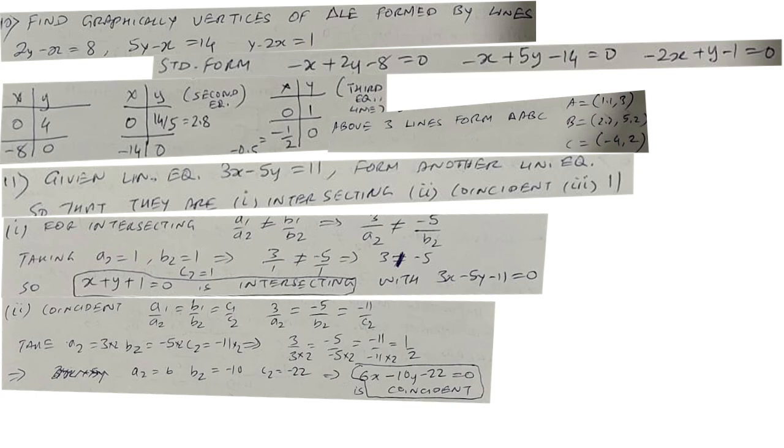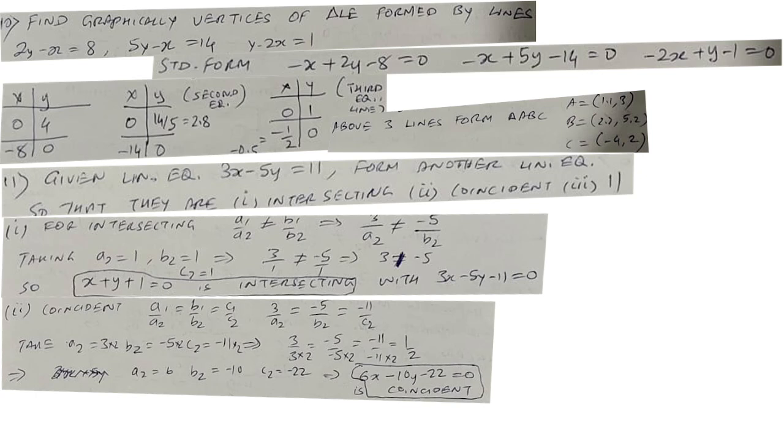Then what will happen? A1 by A2, that is 3 by A2, will become 3 by 3 into 2. Similarly, B1 by B2 will become minus 5 divided by minus 5 into 2, and minus 11 by C2 will become minus 11 divided by minus 11 into 2.